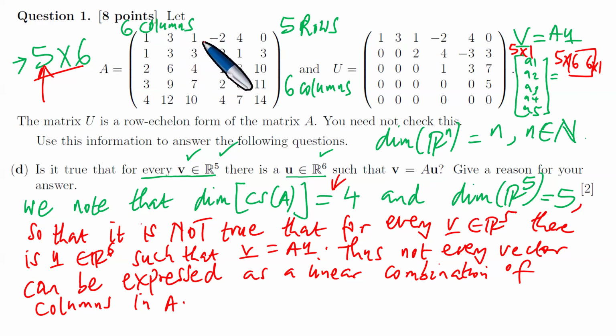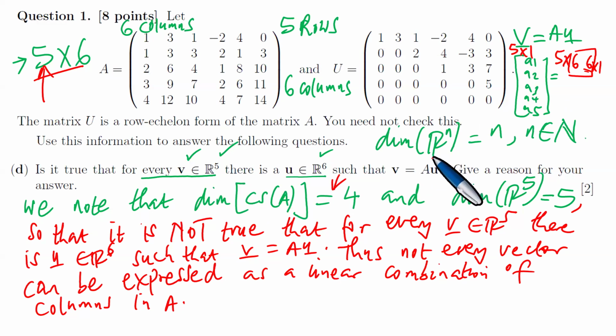It has six columns, so the number of rows of the vector must be the same as the number of columns of A. So these numbers must be the same, right? So obviously we require that U come from the set of vectors that is compatible for multiplication to be possible here. So U must be from 6 by 1 vectors, R6, such that if you perform this product, you always get a vector in the 5 by 1 space, or in R5.